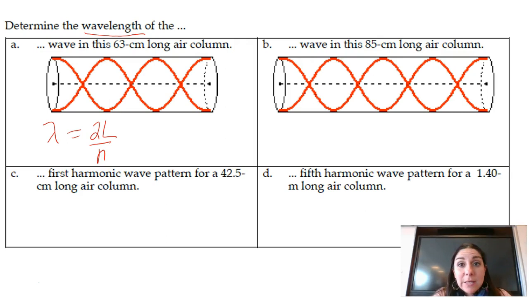So we need to know the length and the harmonic number. In this question they give you a visual. For open pipes, to find the harmonic number, count the nodes. 1, 2, 3. We have 3 nodes, so n is going to equal 3.